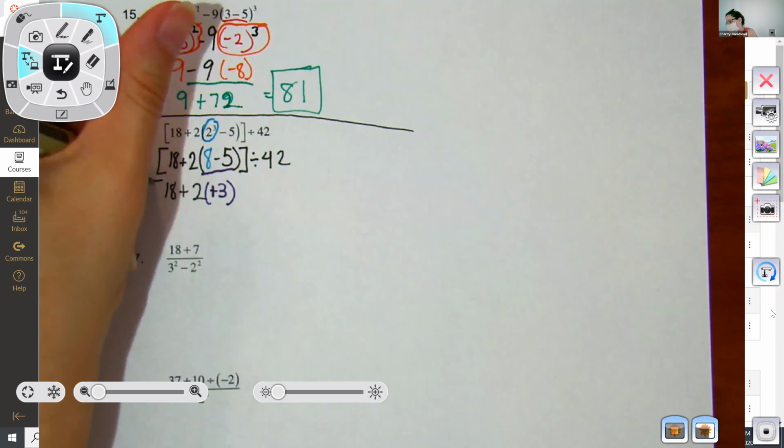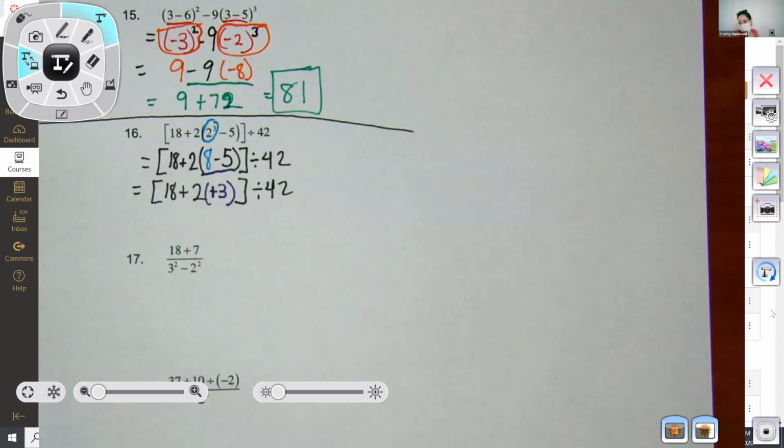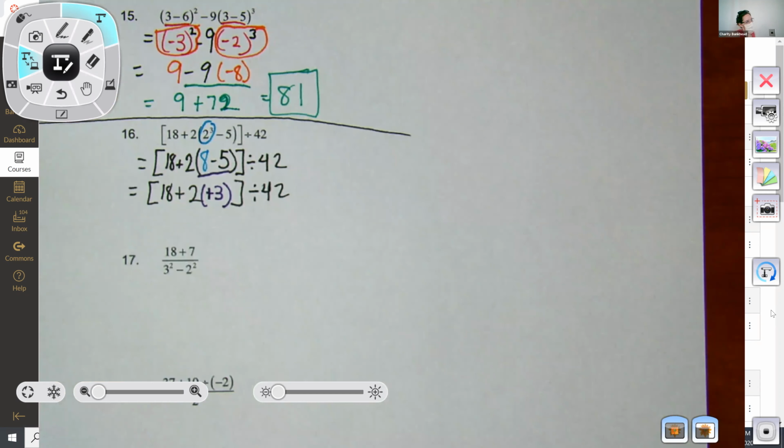Bring everything else down. Okay, so now I need to focus on doing what's inside the brackets, because that's just like another set of parentheses. Within that, I need to multiply the 2 times 3. So 2 times 3 is 6.